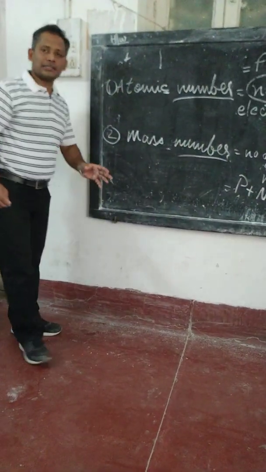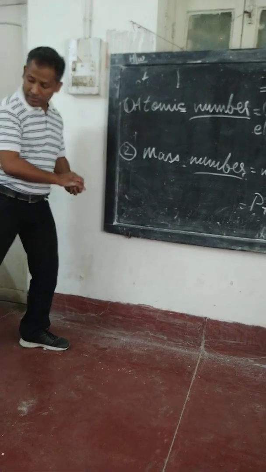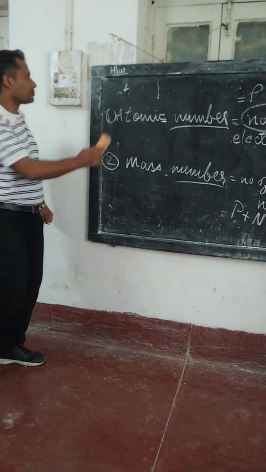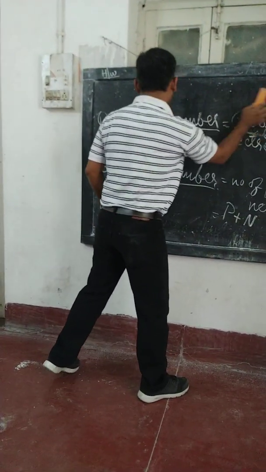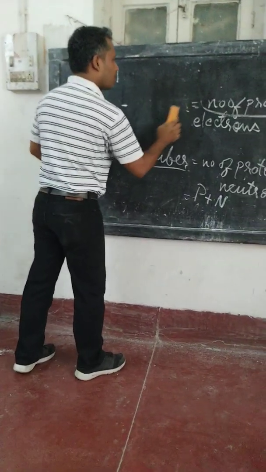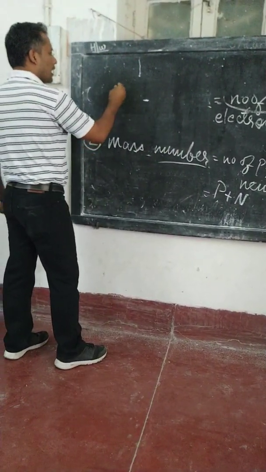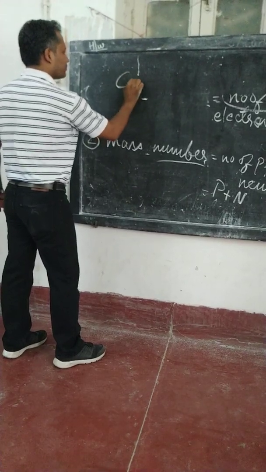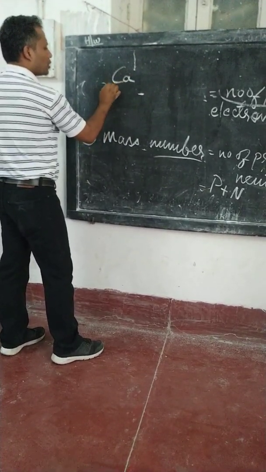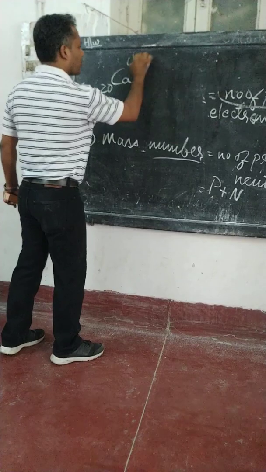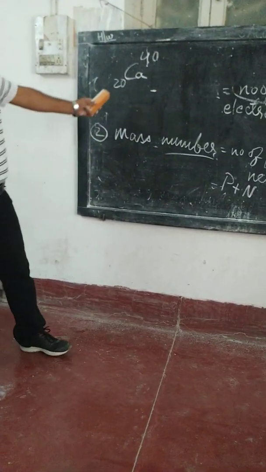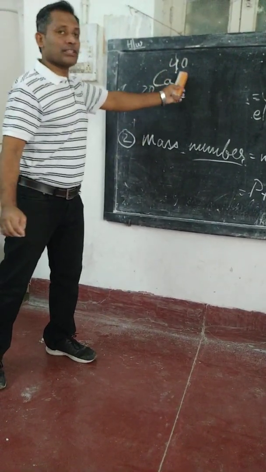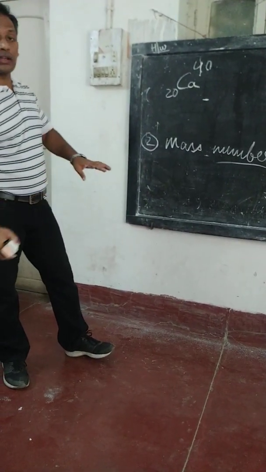Now let us understand by taking an atom as an example. Suppose we take calcium. Two numbers are written here, 20 and 40. Guess which is the atomic number?